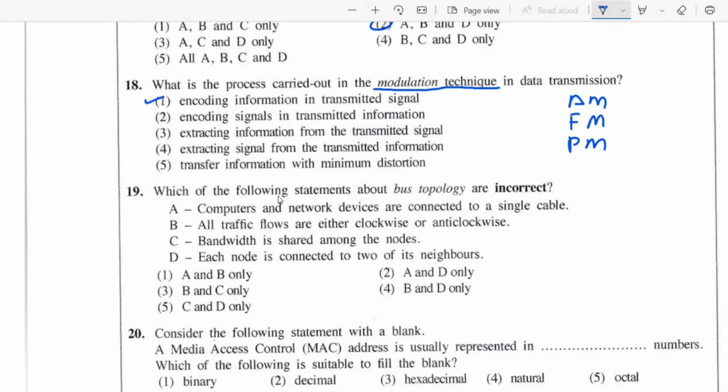Then number 19, which of the following statements about bus topology are incorrect? Right, so we have to find the incorrect statements. In bus topology, as you know, all the nodes, all the devices in a network, are connected to a backbone cable.